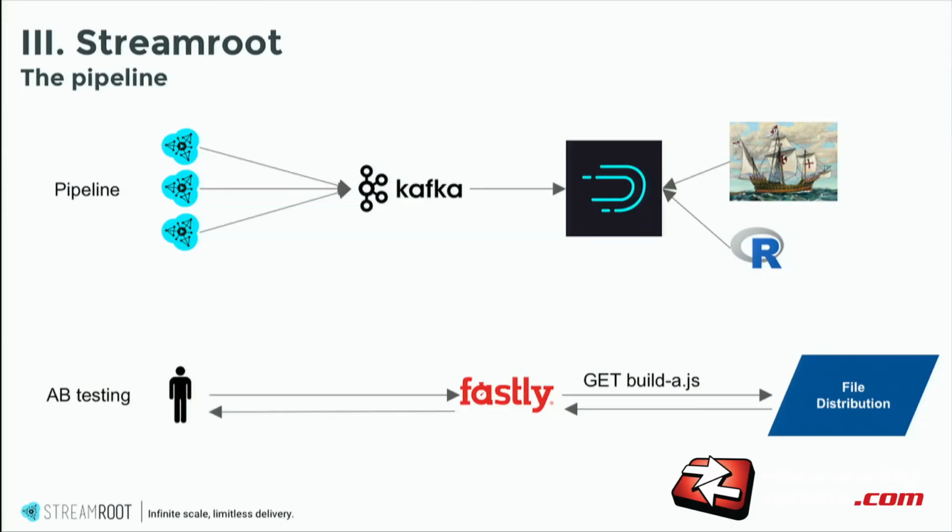Then we put all this data into Druid data store. Druid is a very scalable data store that was designed to easily answer queries with a lot of different dimensions and metrics. And actually, it's used a lot in machine learning.